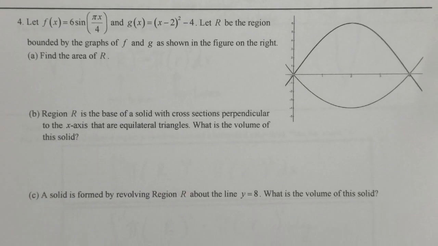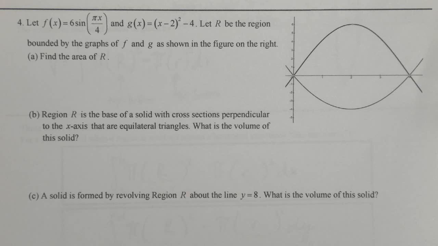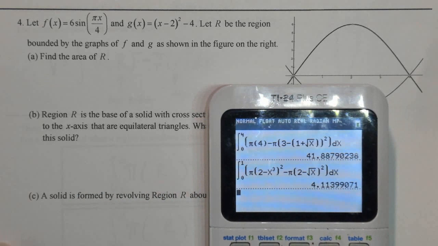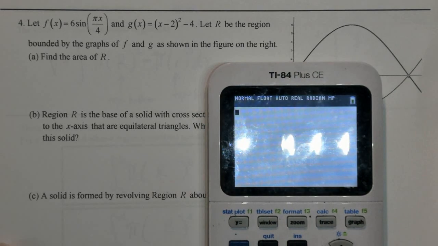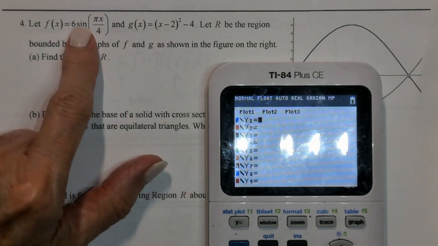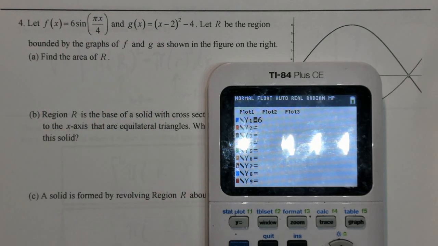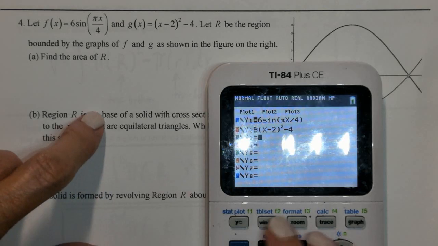Alrighty, FRQ time. This is what an FRQ might look like. I am going to begin by putting f into Y1 and g in for Y2. Okay, I'm going to graph that.